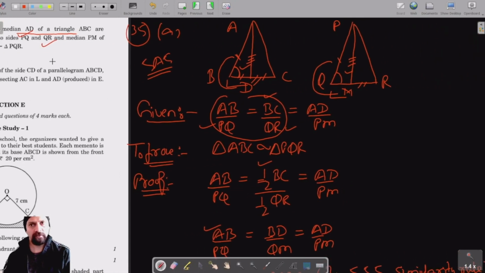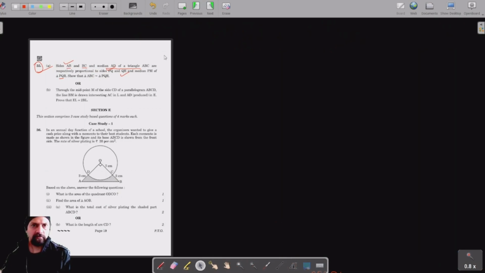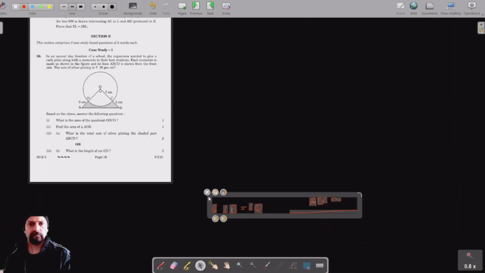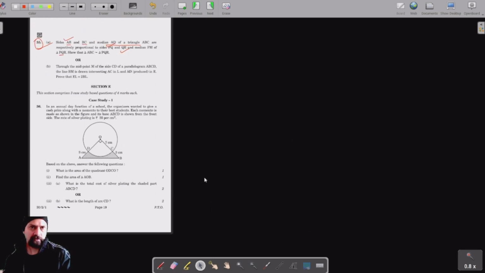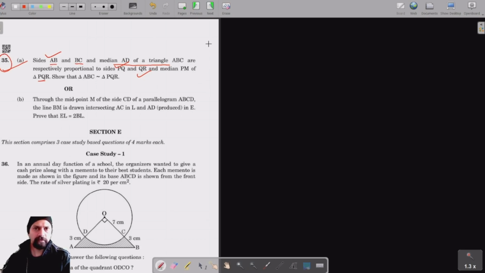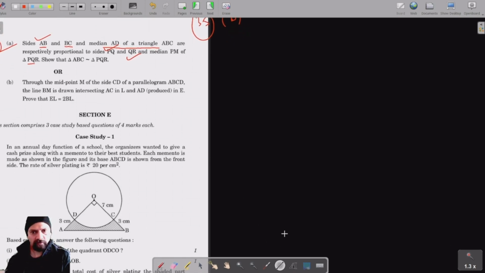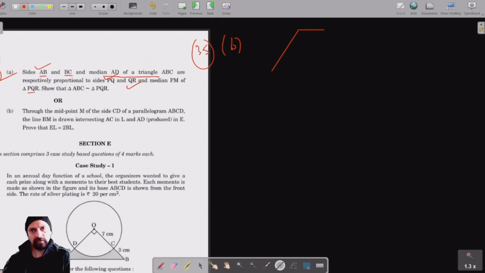Let's move on to part B. And for that, let's try to draw the rough sketch of that. Okay. For question number 35, part B, it's given that through the midpoint of the side of a parallelogram ABCD, so let's say this is a parallelogram ABCD, and let's label it as ABCD.